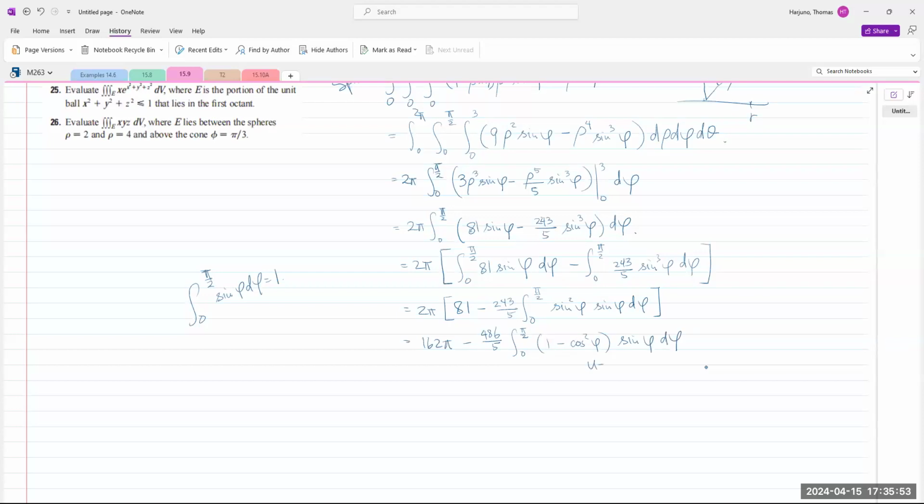So u equals cosine phi, du equals negative sine phi d phi. So we get 162 pi minus 486 over 5 times the integral from 1 to 0 of 1 minus u squared, negative du.